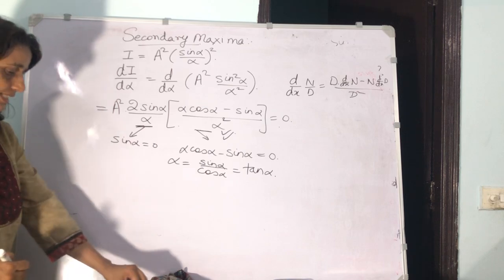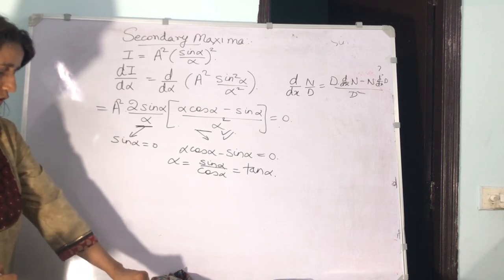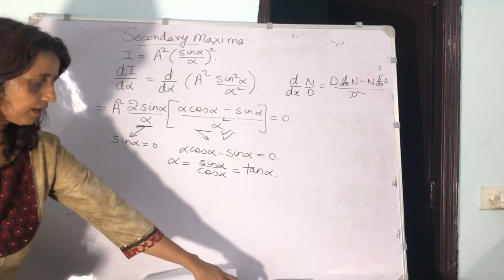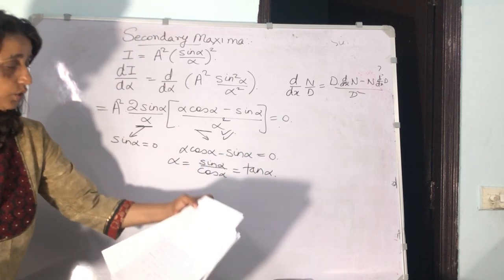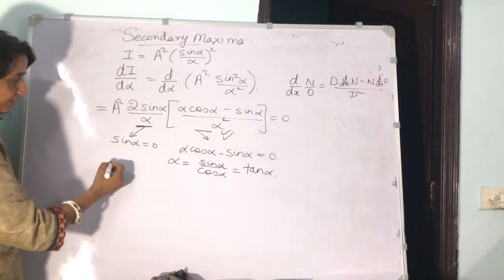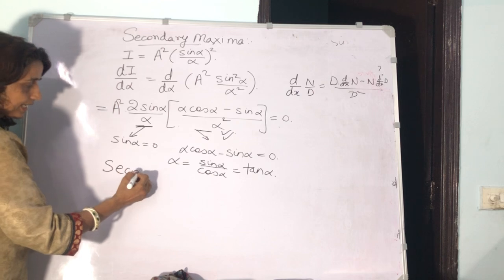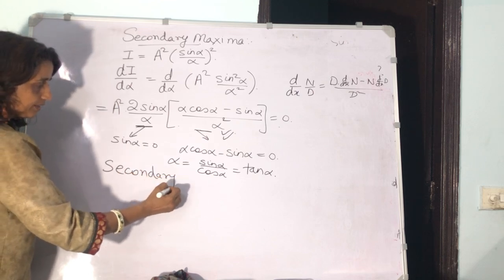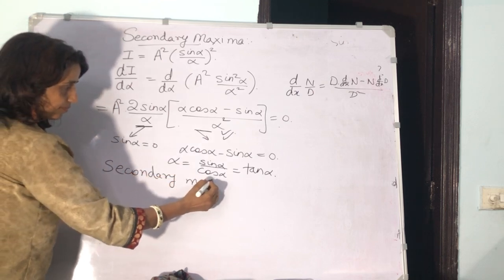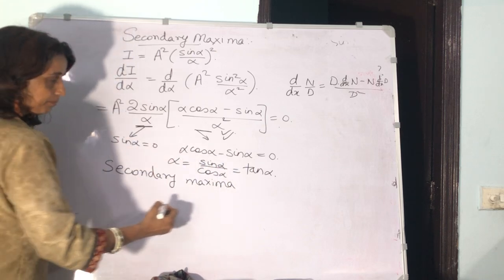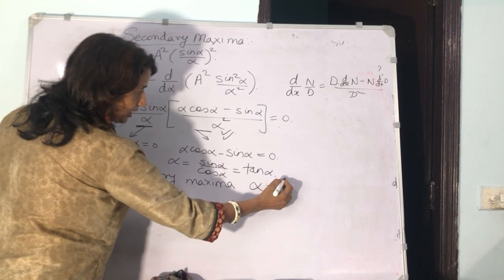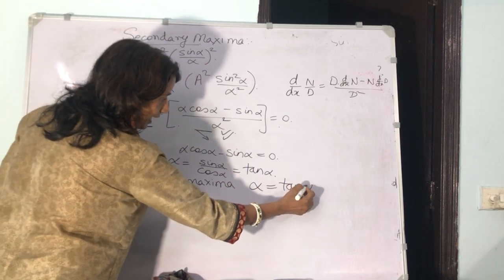And since sine alpha is giving us the position of minima only when alpha is 0, the position of secondary maxima is given by alpha equal to tan alpha.